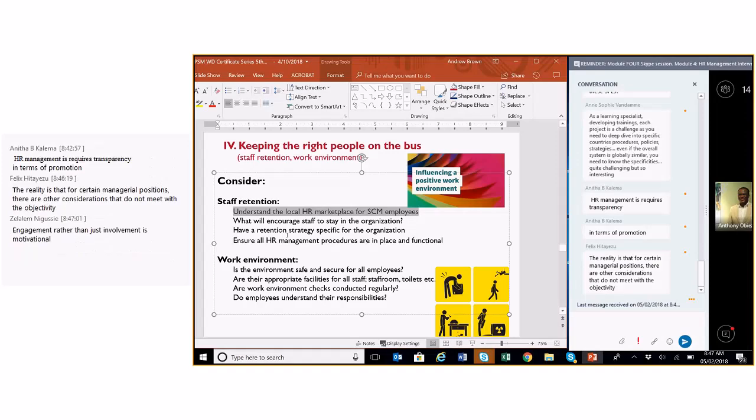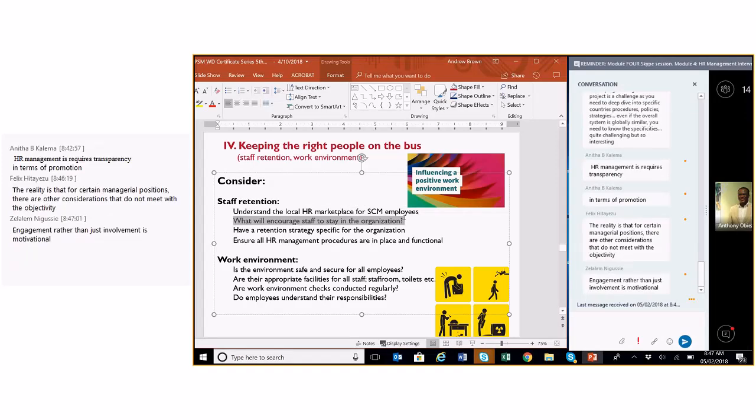The other thing is to think about what will encourage the staff to stay in your organisation. What I mean by that, and I mentioned a tool earlier on about the retention survey, is that by engaging with the employees of an organisation, you can understand what their needs are. There might be needs for education. It might be needs for schooling. It might be needs for housing.